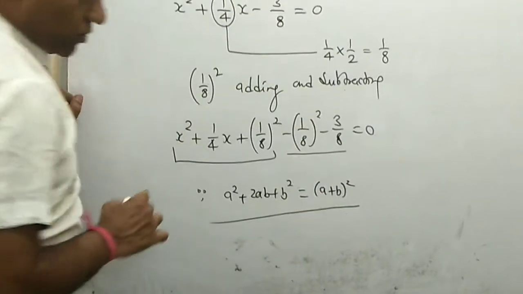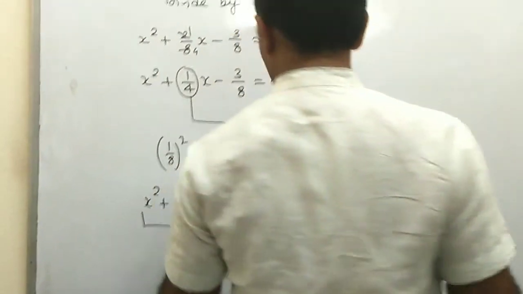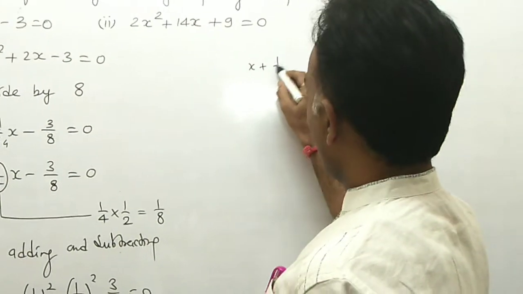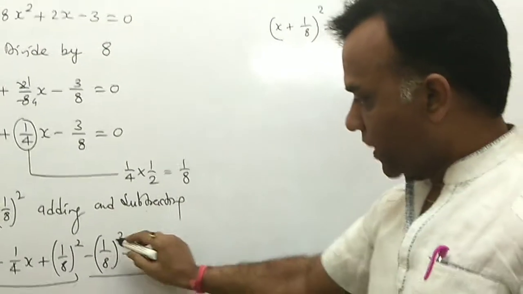Now you use this identity and the equation converts into a complete square: x plus 1 by 8 of whole square equal to, on the right hand side, plus 1 by 64 and plus 3 by 8. Taking the LCM 64, we get 1 plus 8 times 3 which is 24. So we have 25 by 64 after simplification, and on the left hand side x plus 1 by 8 of whole square.